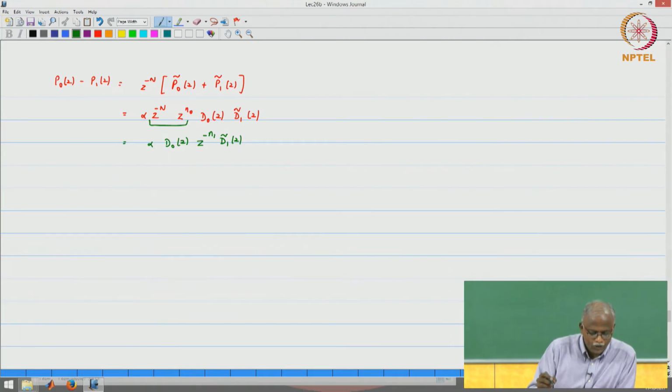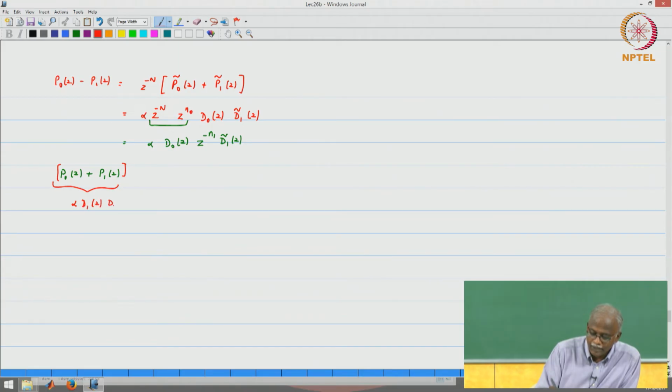So, this is an expression that we have been able to get. Now, if you also look at this following expression, p naught of z plus p1 of z, we said that this is equal to alpha times d1 of z d naught tilde of z.